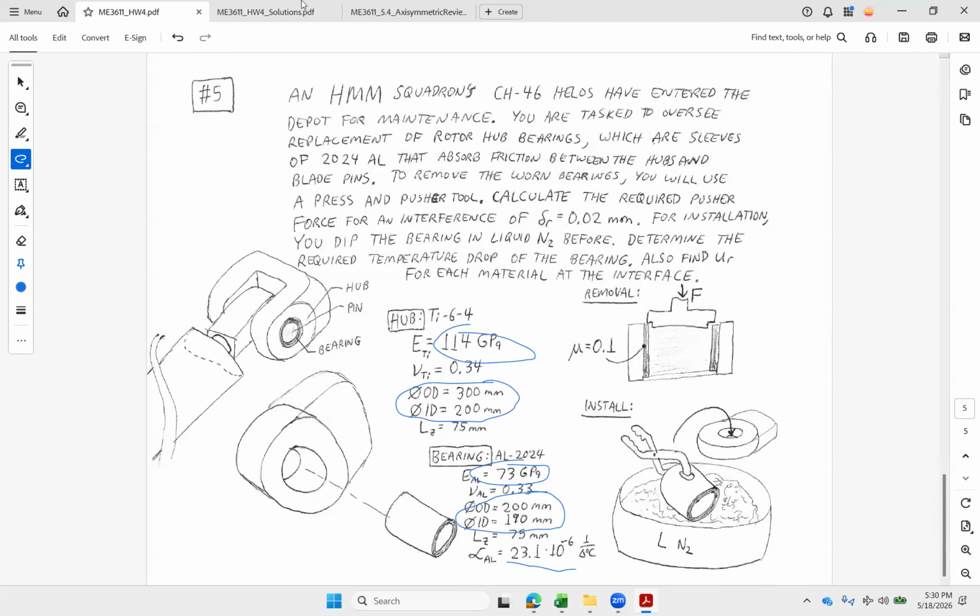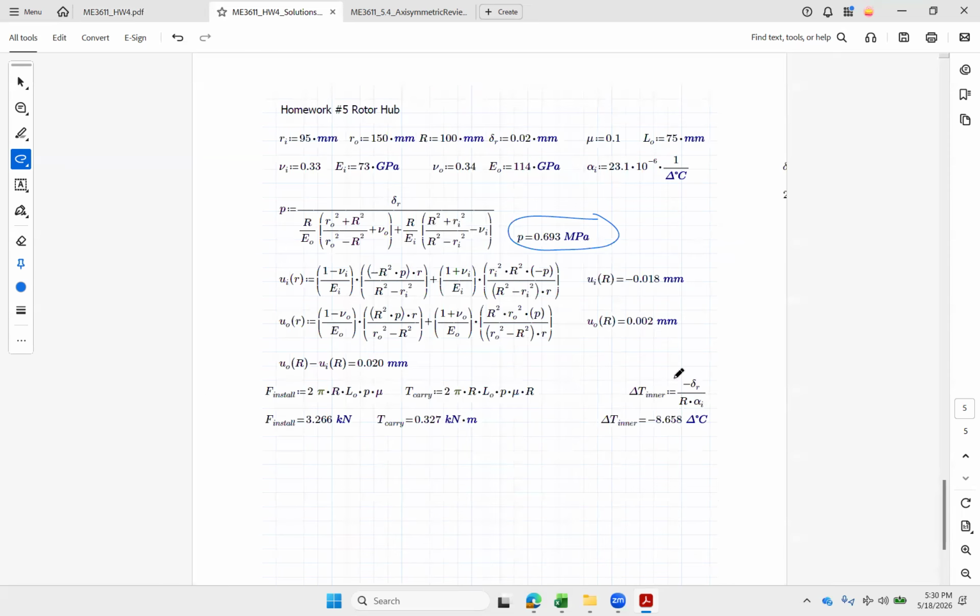Here's our alpha for the aluminum, and we've got our friction coefficient of 0.1. So when we're removing the part, we can just take our F install formula here, 2 pi r L, that's our soup can label area, times pressure. So this is my normal force, times mu gives me my friction.